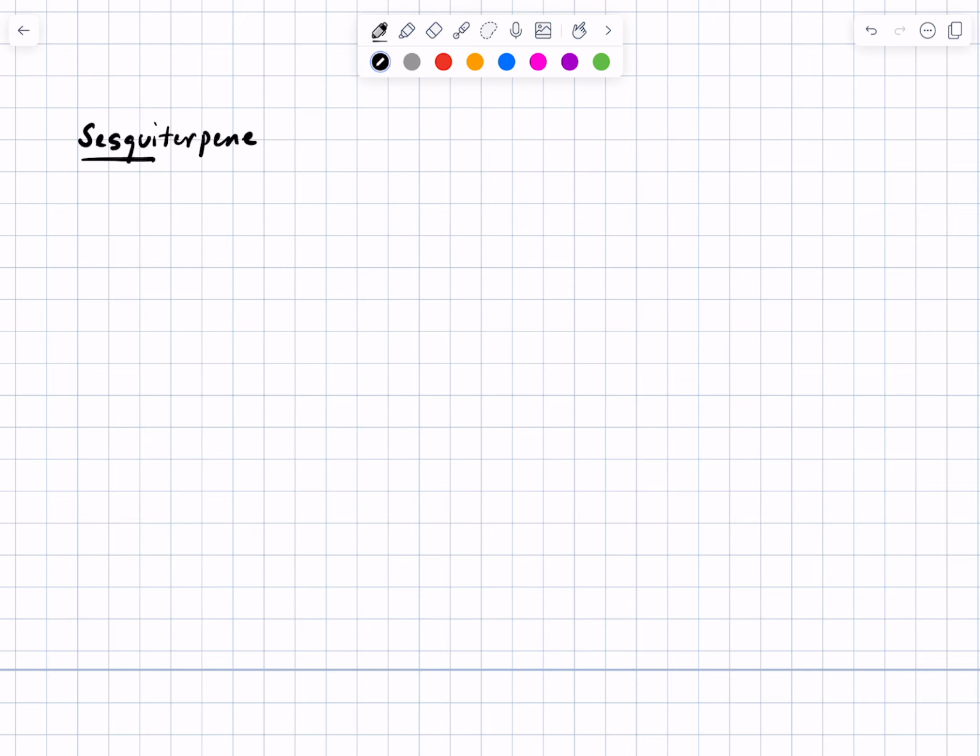So here's one from cedar trees. This one's called cedrol. And you are going to hate it so bad. 5-membered ring, methyl group. Another 5-membered ring, 2 methyl groups. This is where you're really going to hate it: a 6-membered ring branching off the 5-membered ring like that.